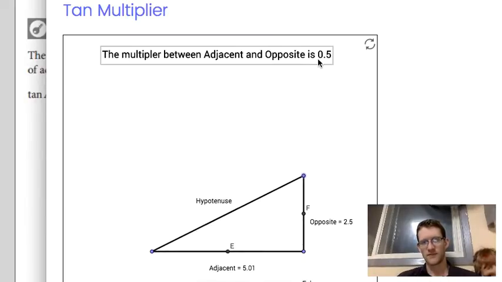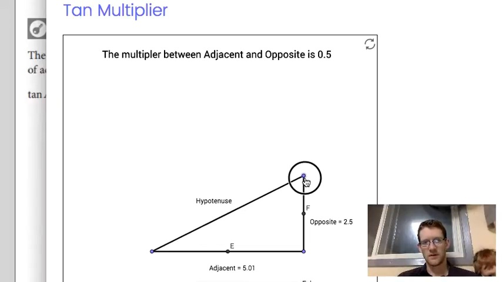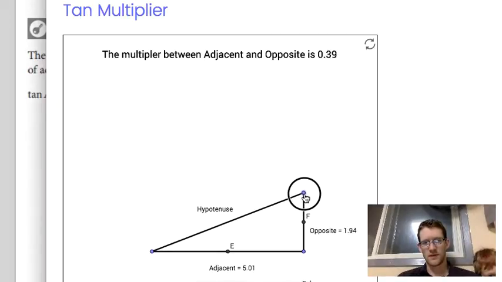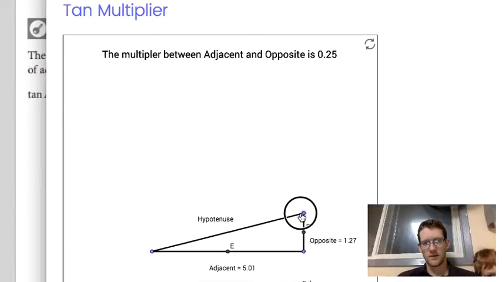Well, it's 1/2, right? I can bring this down further. Let's go down to 1.25 or so. 1.2, close enough. Again, the tangent of this angle, whatever that angle is, equals the opposite over the adjacent. 1.25 over 5 comes out to 1/4.